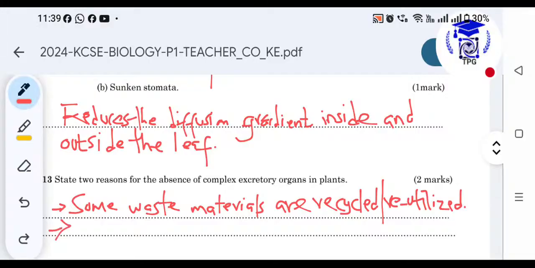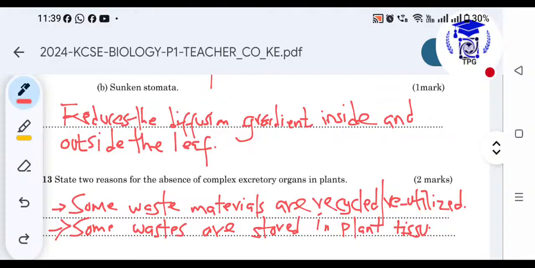Another reason is because some waste are stored in plant tissues.